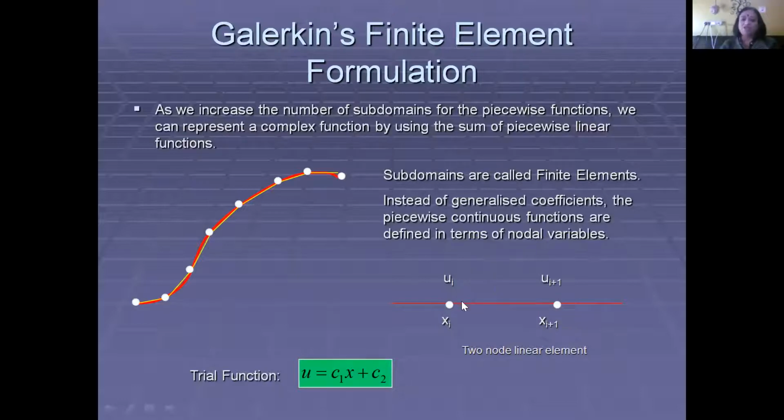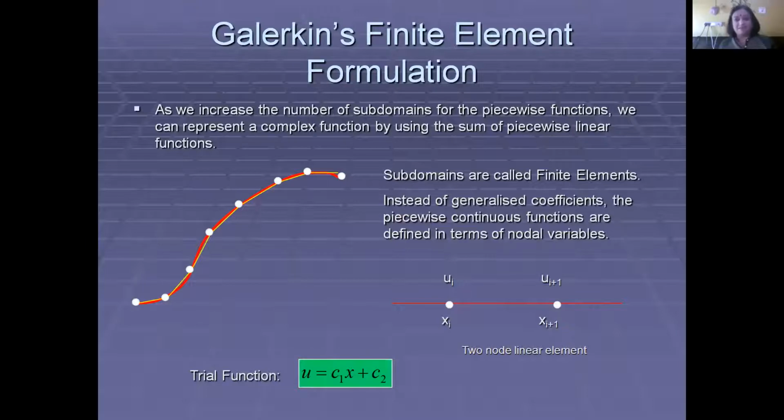The solution function should be such that it will only be defined over this element, which means it will only be defined from xi to xi plus 1. And this will be a continuous function which is to be specified in terms of ui and ui plus 1, which are the nodal variables. Can I do that? This is my problem.